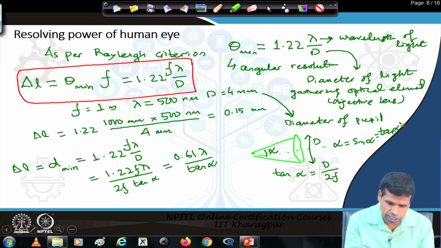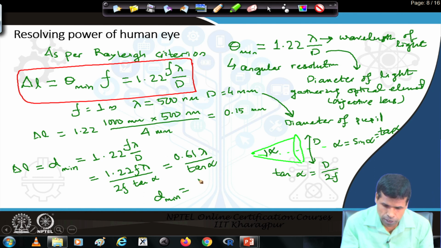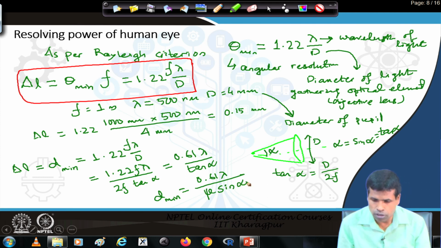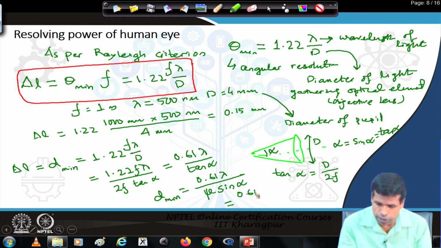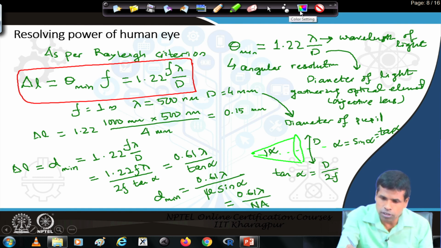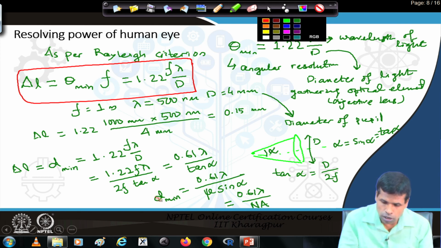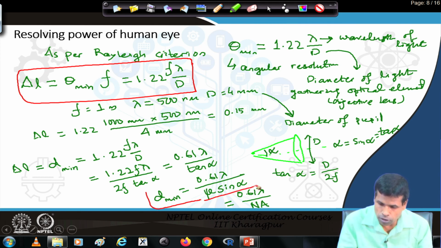Therefore, this d minimum can be written as 0.61 lambda divided by mu sin alpha, or we can write it as 0.61 lambda divided by NA. This is called Abbe's formula on resolution.